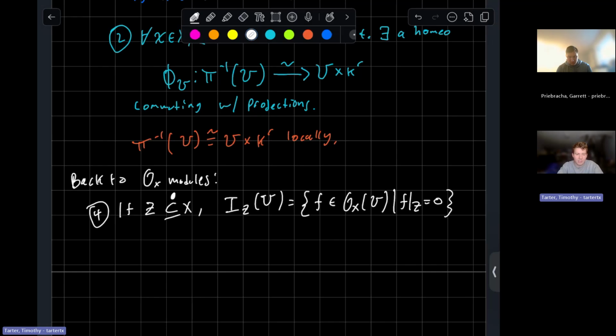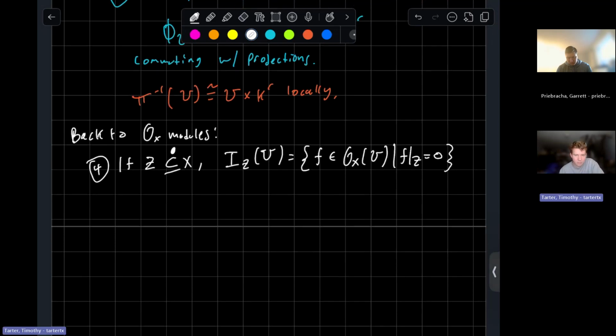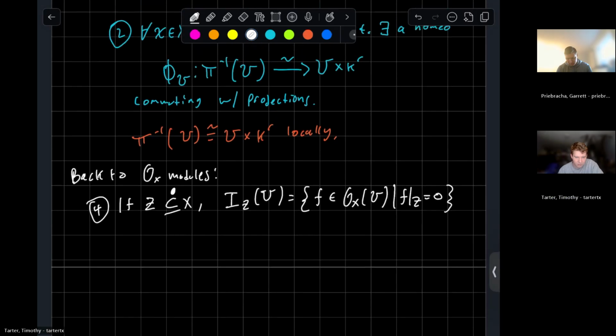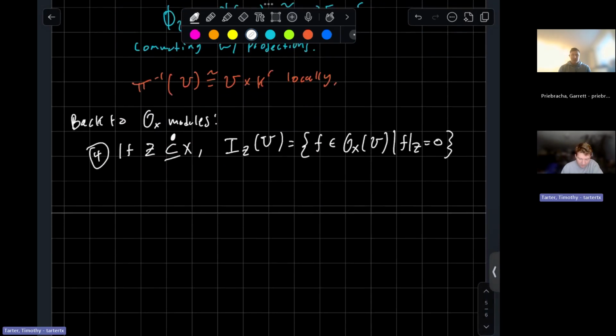And then I guess this F is in OX as a regular function.